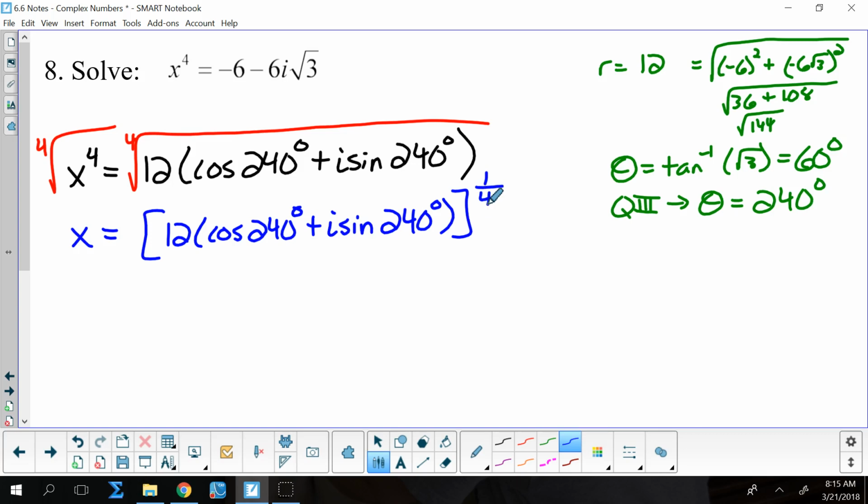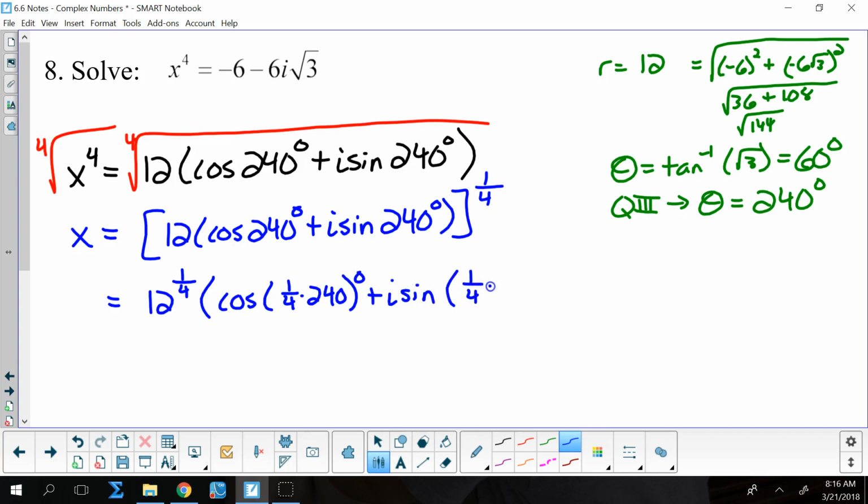Applying de Moivre, this is 12 to the 1/4 power times the cosine of 1/4 times 240 plus i times the sine of 1/4 times 240.